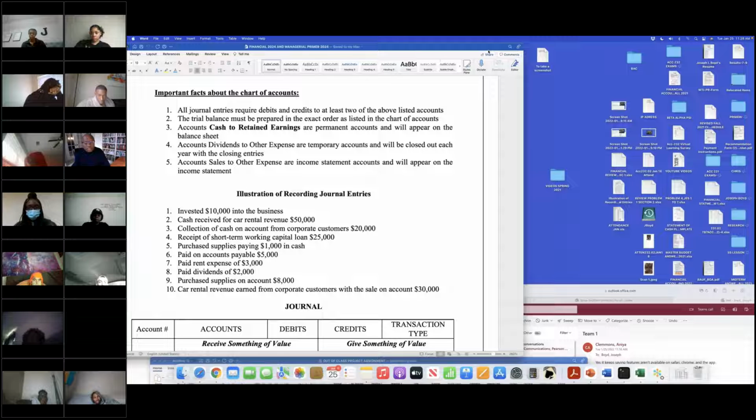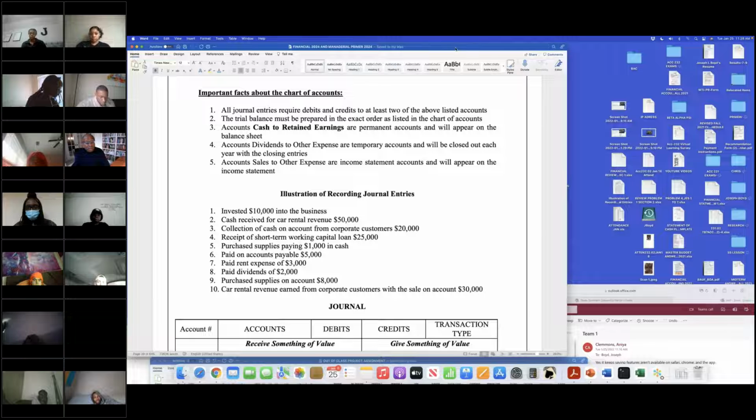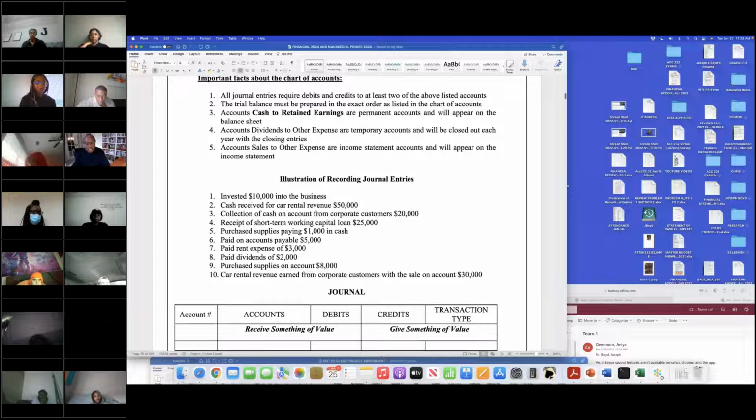And I want you to make these 10 journal entries. Your format is going to be: you read the journal entry, then you tell me the transaction type. Then after you tell me the transaction type, you give me the accounts debited and the accounts credited.